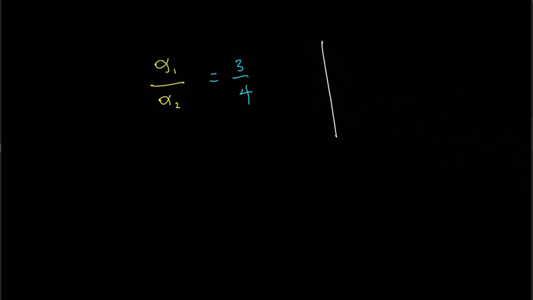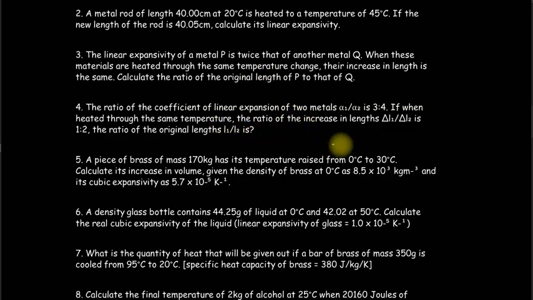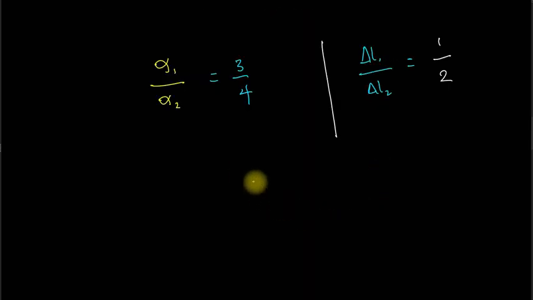We're also given that delta L1 over delta L2 is equals to 1:2. What are we asked to find? The ratio of the original length L1 to L2 is what?